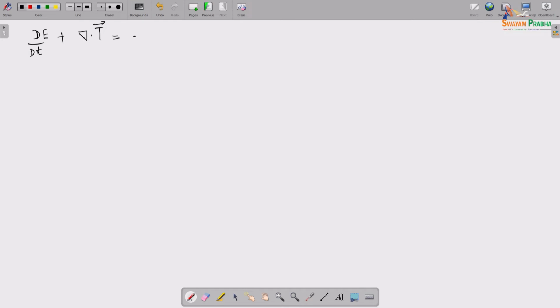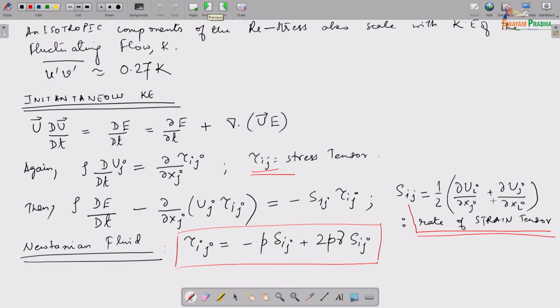Okay, this is equal to, okay, and I just wrote down what Sij is, which is right here.